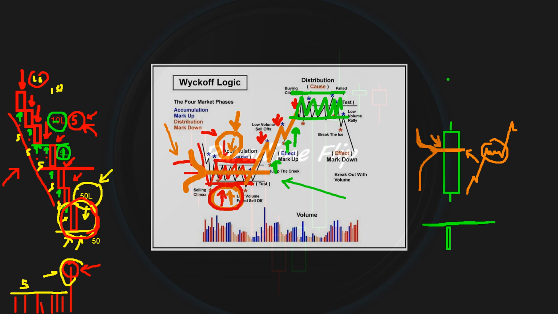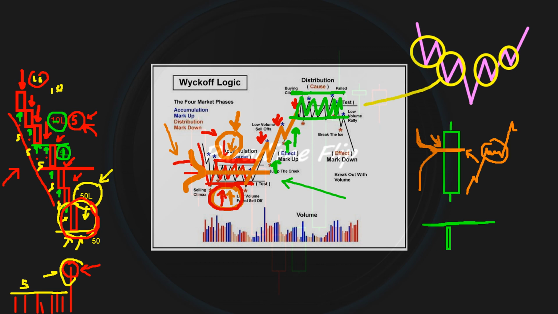So when you get your market structure, that's exactly what's happening in these areas. These swing points are simply these accumulation and distribution points within a Wyckoff schematic.